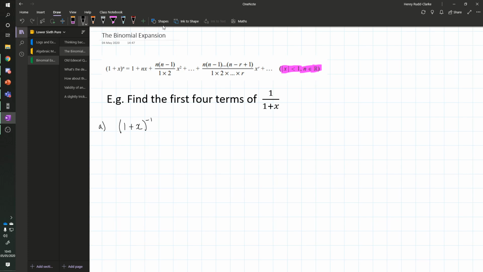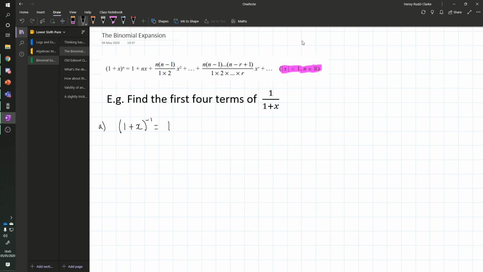If it says to find the first 4 terms or do a binomial expansion, the first thing is to write it as a binomial, i.e. a bracket with 2 things inside and a power. Here we have 1 plus x in the bracket, and n is minus 1. So we're going to use this formula for the first 4 terms where n is minus 1.